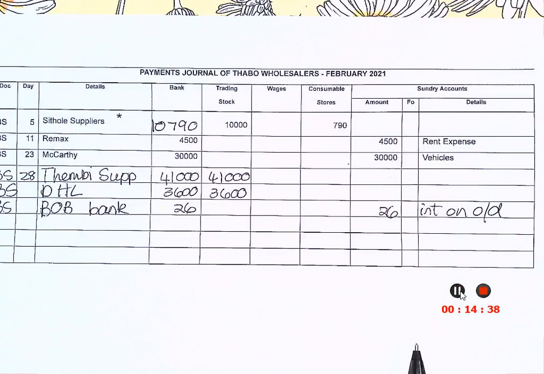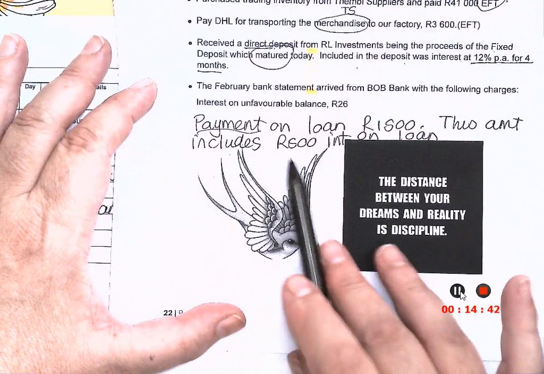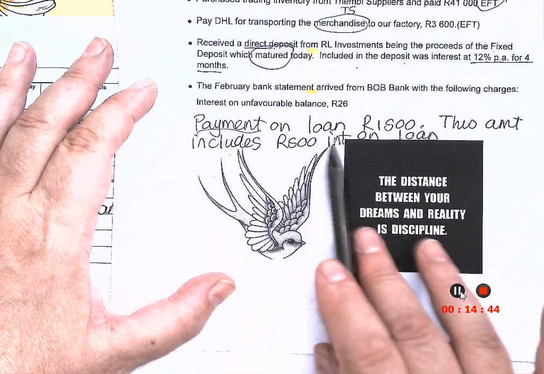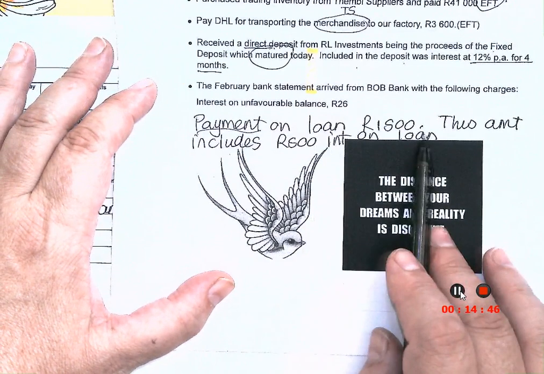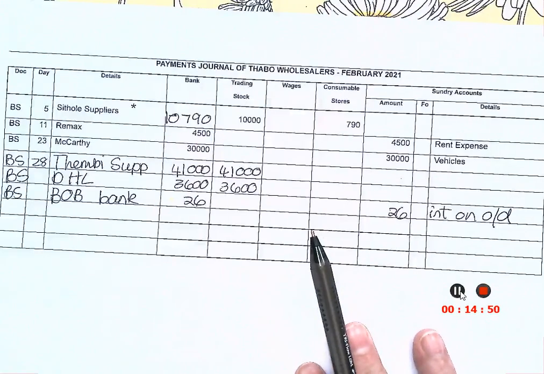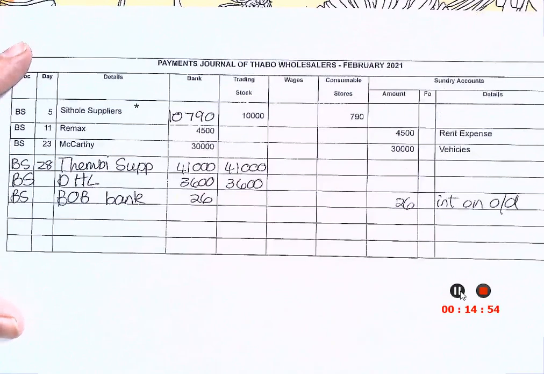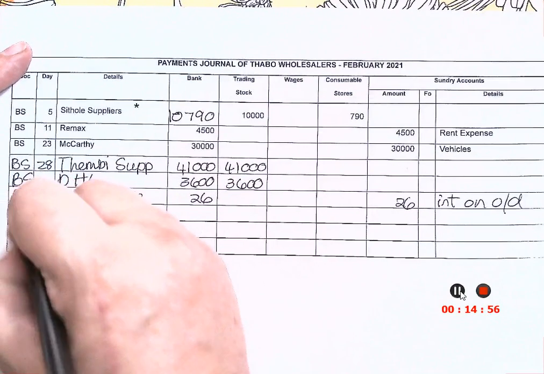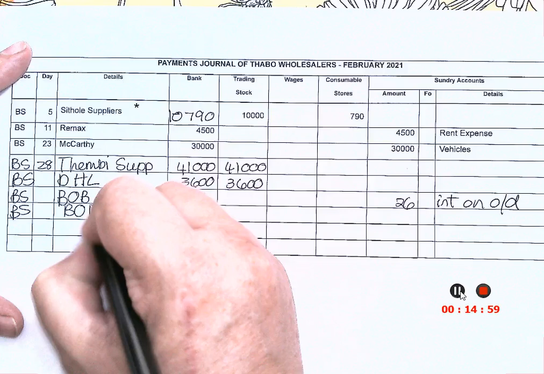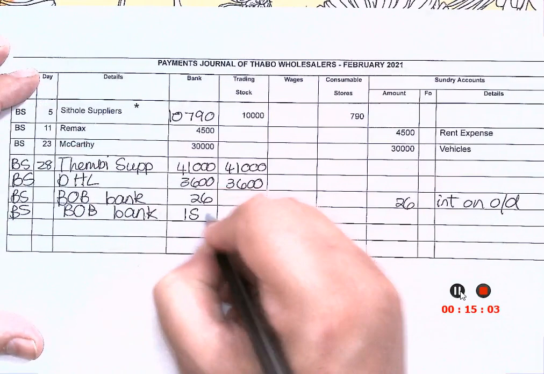I know I said you don't have to do it, but I just want to show you this one. Okay? The payment on loan 1,500, which includes 500 interest on loan. So I would do that in the payments journal, right? So let's say it's also at Bob Bank. I will say Bob Bank, 1,500.